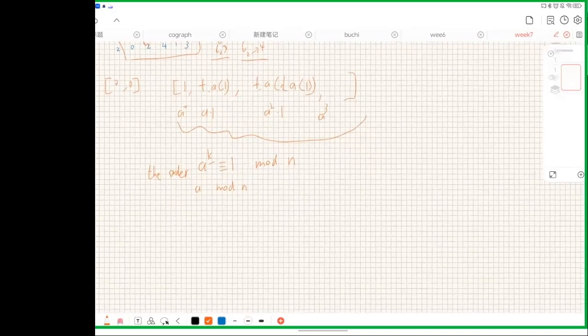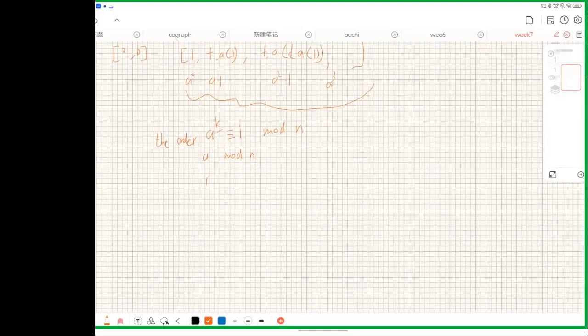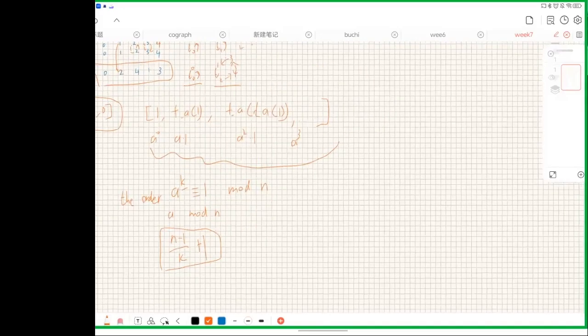And if we find the k, then every circle has length k. So the number of circles is (n minus 1) over k, and of course plus 1, which is the circle of 0 itself. So finally, the number of circles is given by this formula. Okay, this question is done.